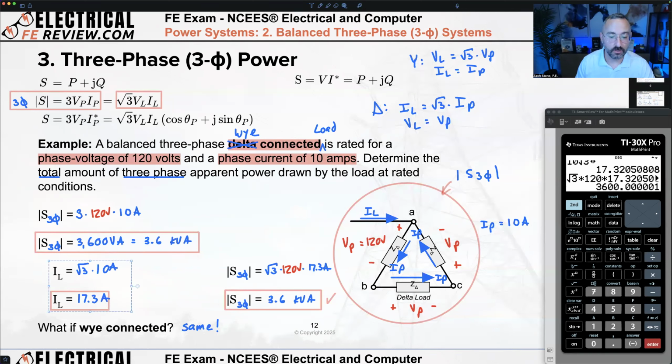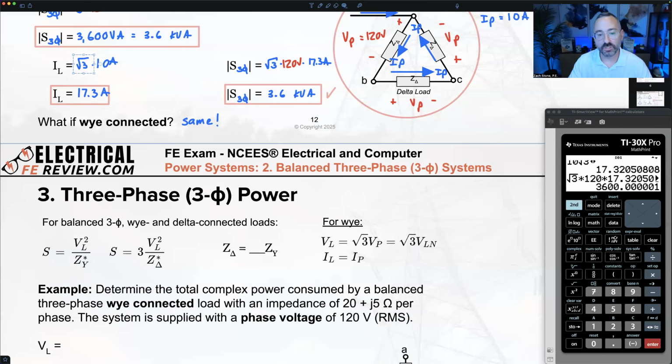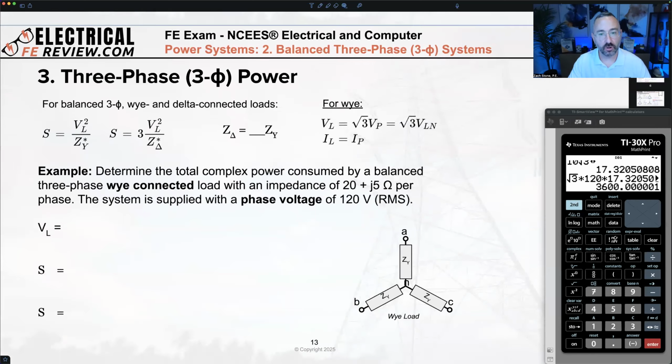Over here, there would be no change to our 10 amps, but that square root of 3 multiplier would then apply to the voltage instead. So you end up getting the same values. It's a really great exercise to practice. All right, let's see if we can knock out the next. How about we do the next two examples? We'll go a little bit over, and then we'll save the phasor diagram for the start of next week.